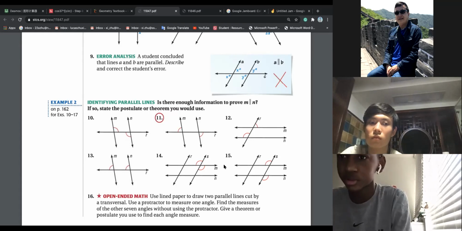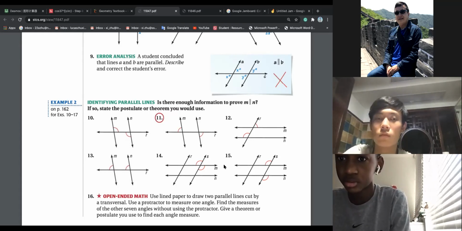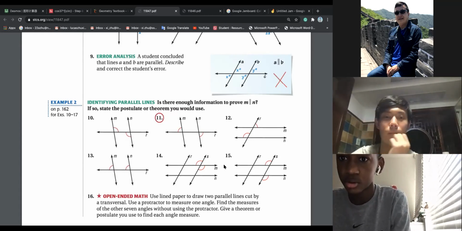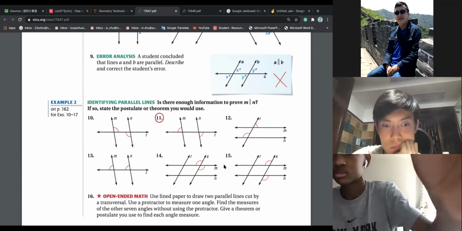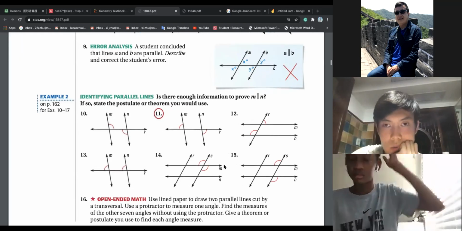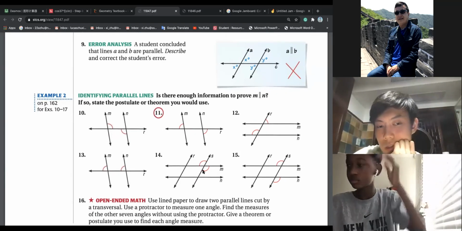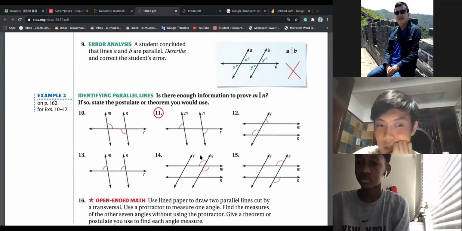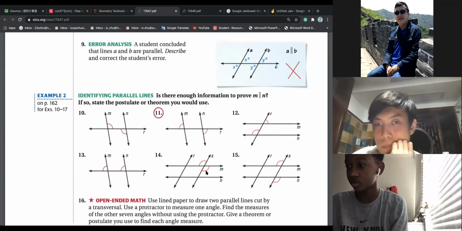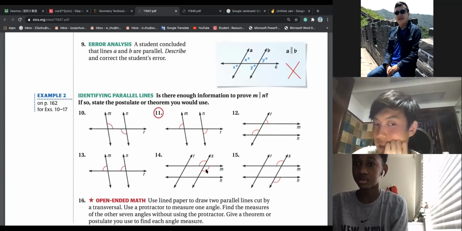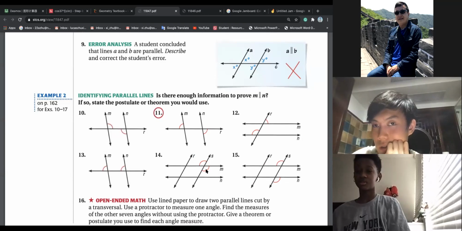It's both interior and exterior. So look, what's the relationship between them? So they are congruent to each other, right? Are they supplementary? No, they're congruent.